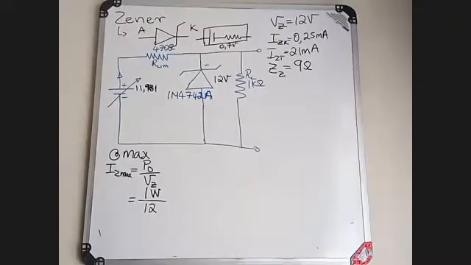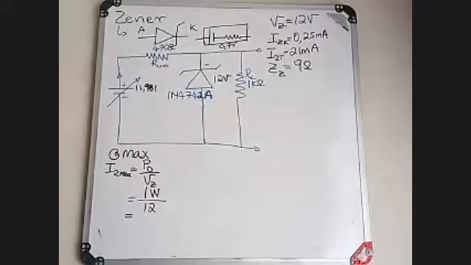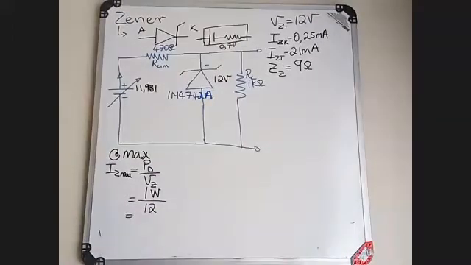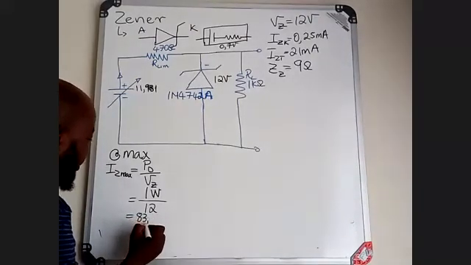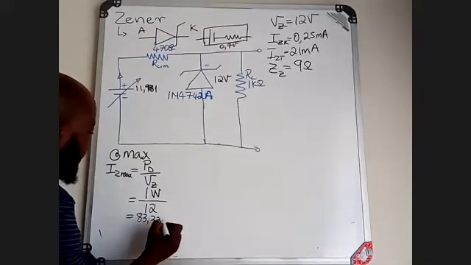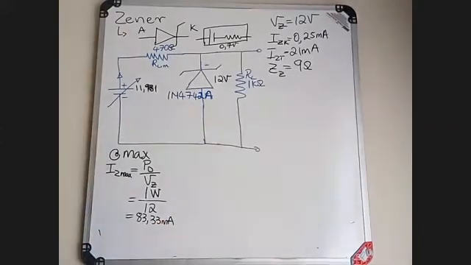Remember, we went with the typical Zener voltage. So the Zener current is 1 divided by 12, which is 83.33 milliamps. Are we getting the same value?